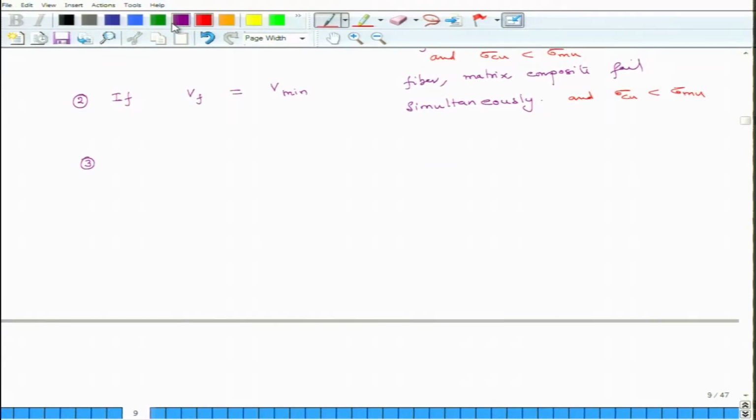So, the third situation is Vf is less than V crit, but more than V min.